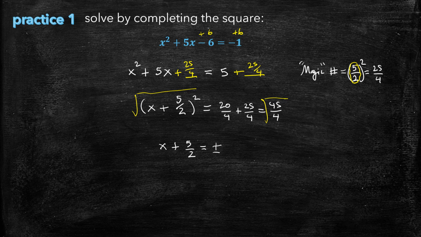Now we can also break it apart a little, because we have the radical of a quotient, so we can do the radical of the numerator and the denominator separately, which is nice because the square root of 4 is 2. And then the last step is to isolate x, like this.